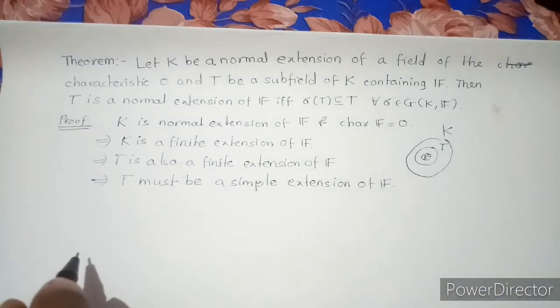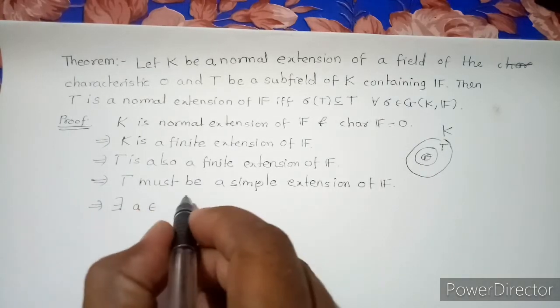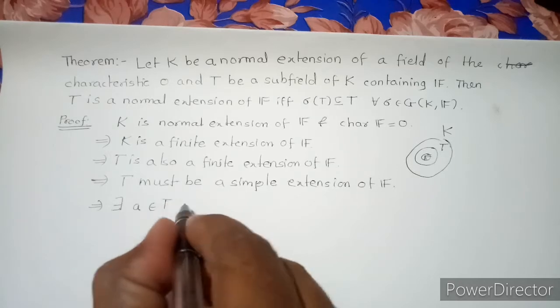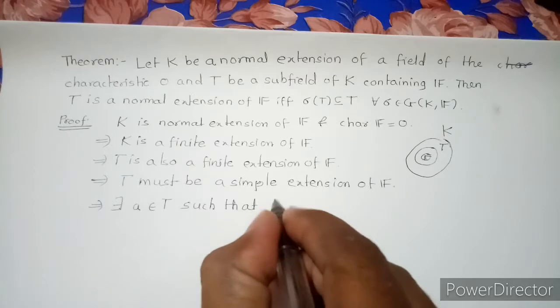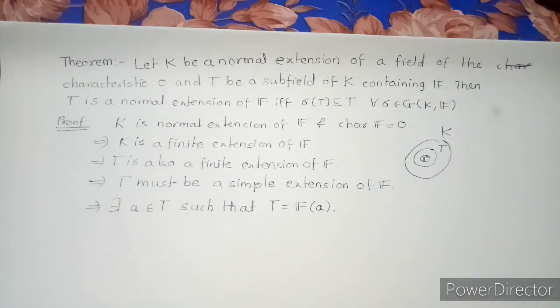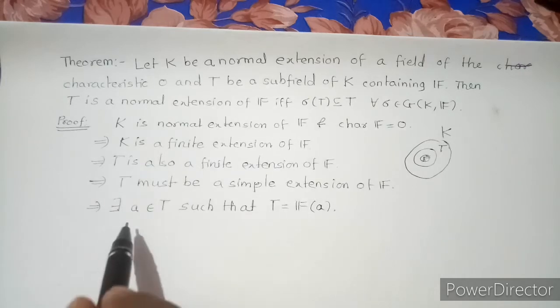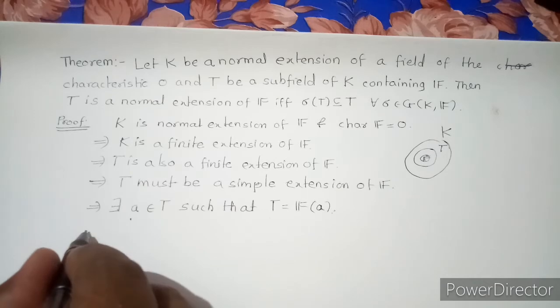Now, if T is a simple extension of F, by definition there exists A belonging to T such that T is equal to F of A, because by the name simple extension we mean that it is a field extension obtained by adjoining a single element, so we can call that element A. So far we have T is equal to F of A.